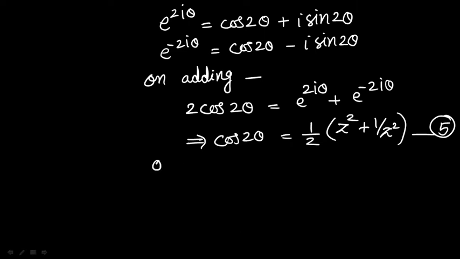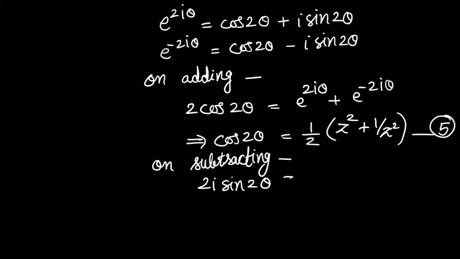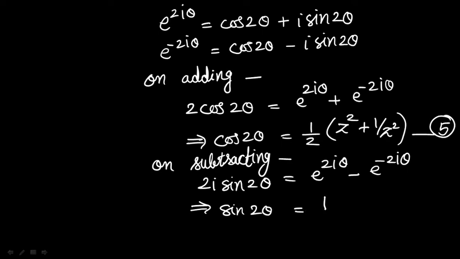And on subtracting the equations we get 2i sin 2 theta equal to e to the power 2i theta minus e to the power minus 2i theta, and from this sin 2 theta equal to 1 upon 2i of z square minus 1 by z square.